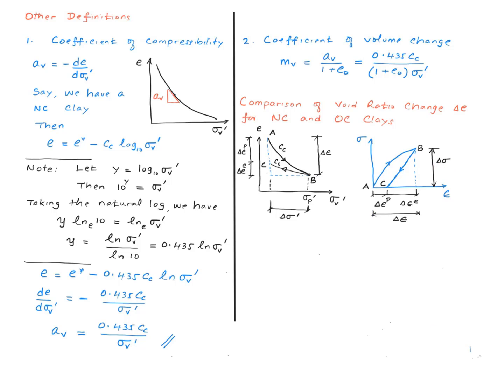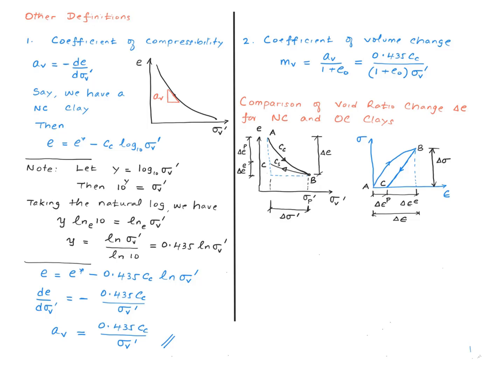There is a change in strain of delta epsilon. So that's the total change in strain. And then when we unload it, part of that is recovered, which we call delta epsilon e, e for elastic, and the remaining part, which I call delta epsilon p, is permanent. It's permanently lost.